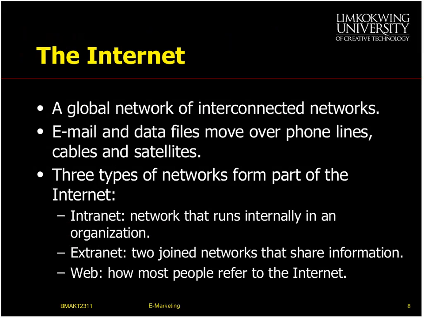A global network of interconnected networks. Later, when I'm explaining intranet and extranet, you will understand more about what we mean by networks and how significant they are. A global network of interconnected networks is the internet. Email and data files move over phone lines, as you can see, with cables and satellites all around the world.